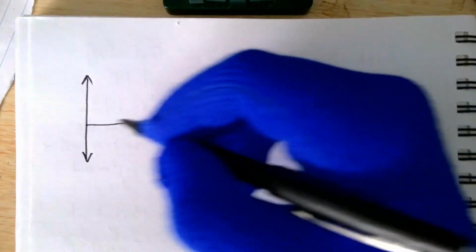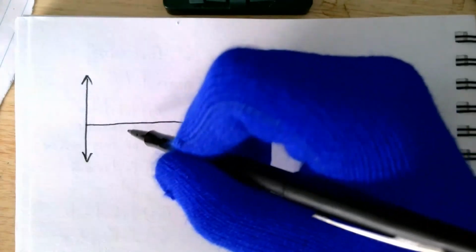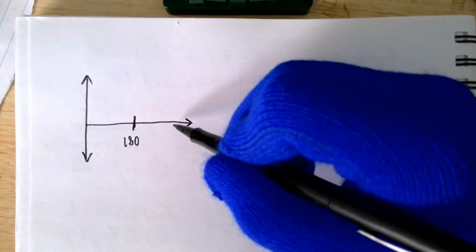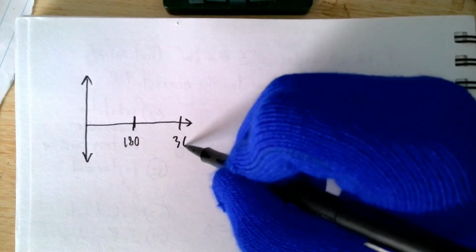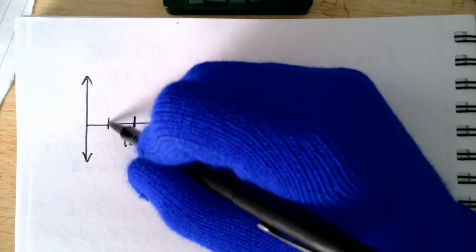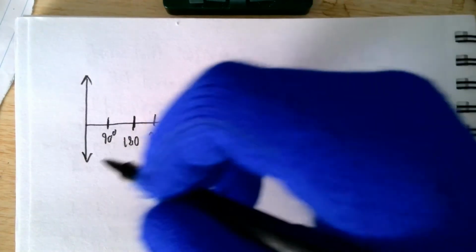Of course, it goes on and on and on to negative infinity and positive infinity, but I'm just going to show you one cycle. Got 180, 360, 270, and often you're going to see these graphs are written in terms of their radians, okay?